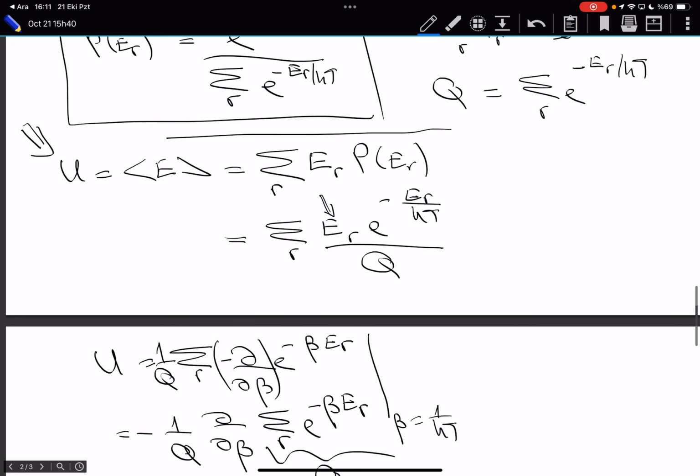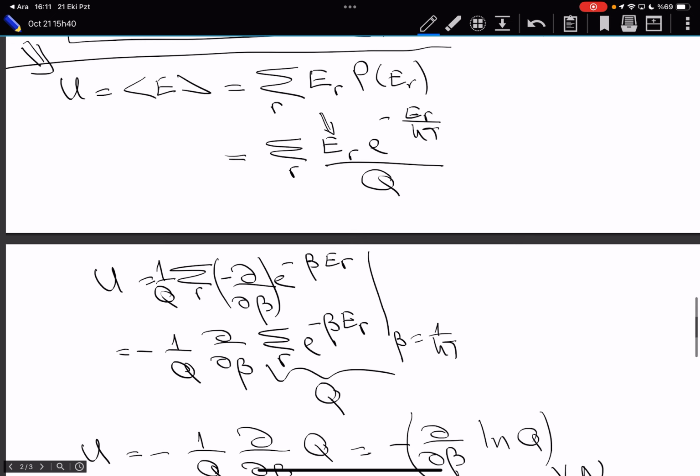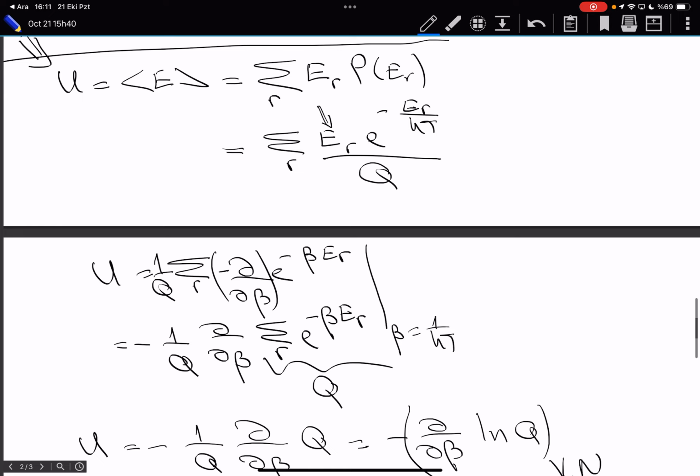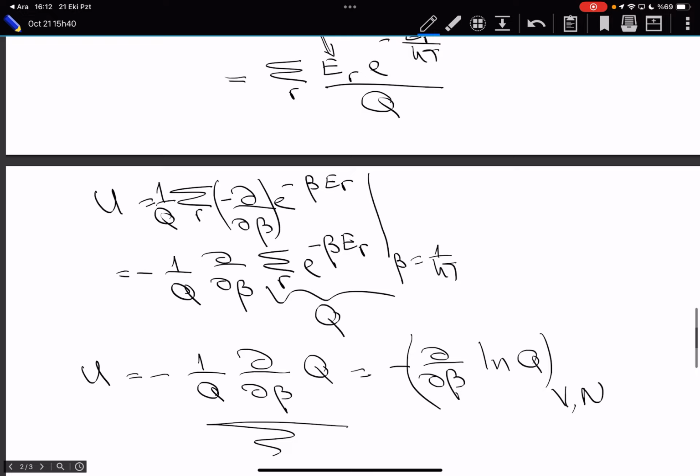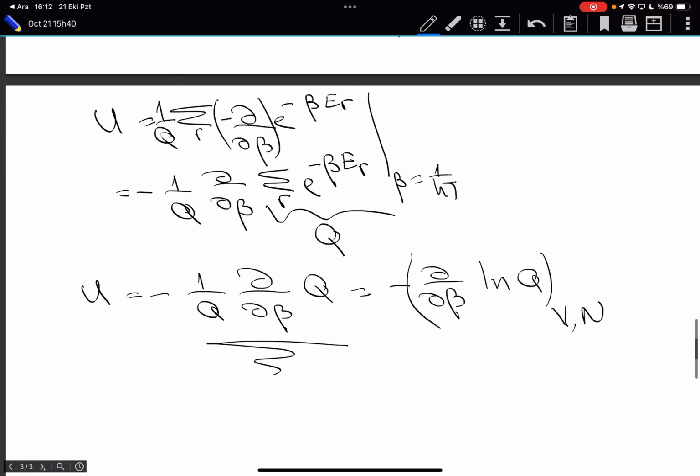Start from here. If you look at this, what I did was I took the derivative with respect to beta, and then took the beta out of the summation, and then converted everything over here. So at some point, I did make the assumption that as I'm changing beta, I'm not changing the volume. At which step did I assume that?